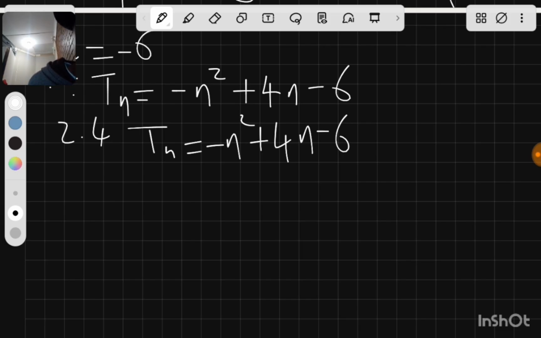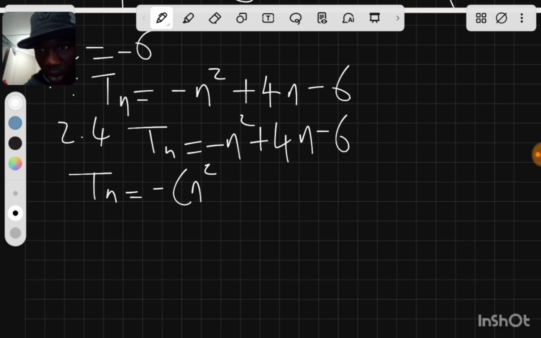So I'm going to have Tn is equal to minus into n squared, taking out the common factor, the negative.